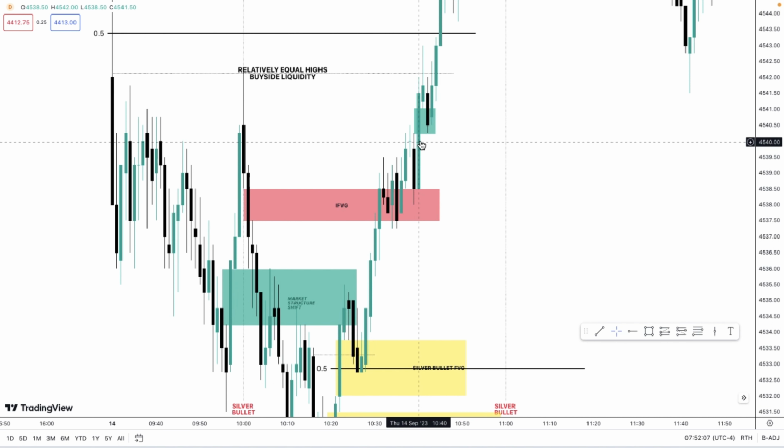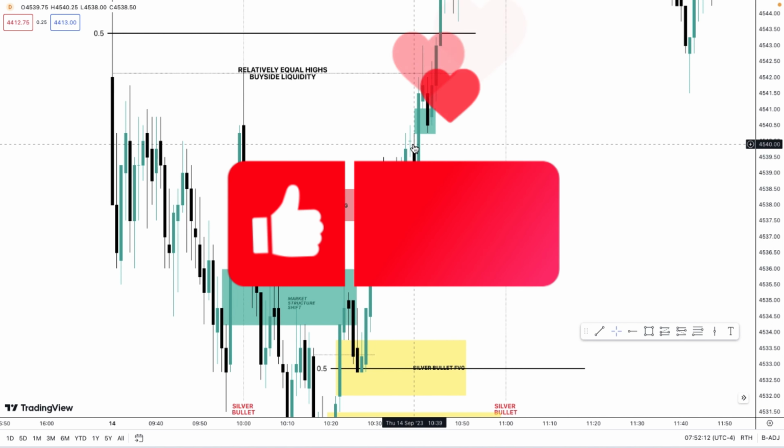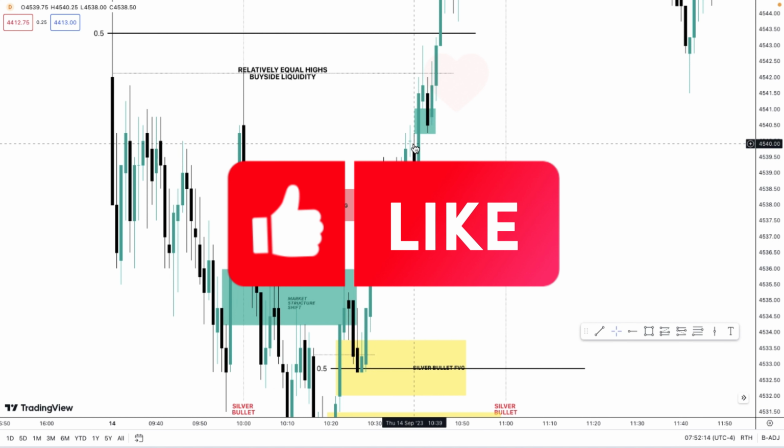So as you can see, look at this. On my top left side of the screen, there's open, high, low, and close prices. Look at the high of this candle here. The high is 4540.25. The low of this candle here, so you're looking at the L price, is 4540.25.